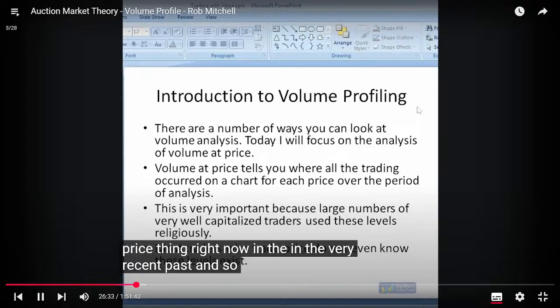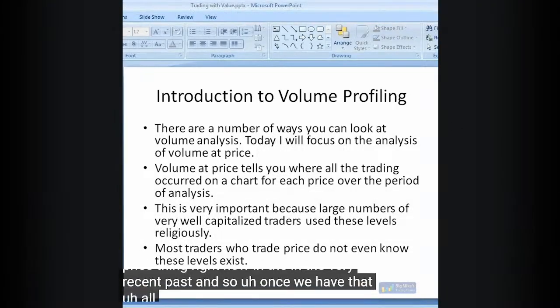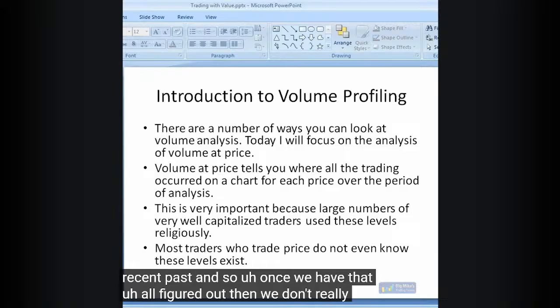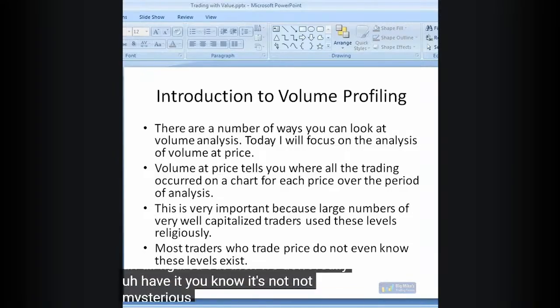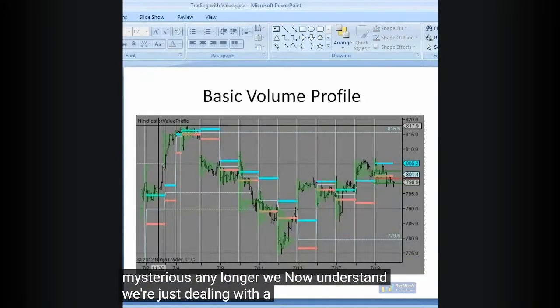And so once we have that all figured out, it's not mysterious any longer. We now understand we're just dealing with a distribution.